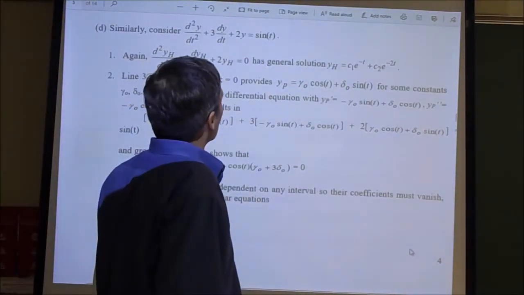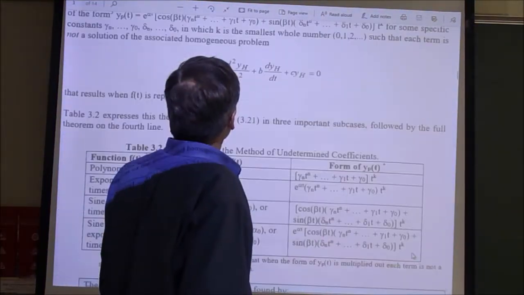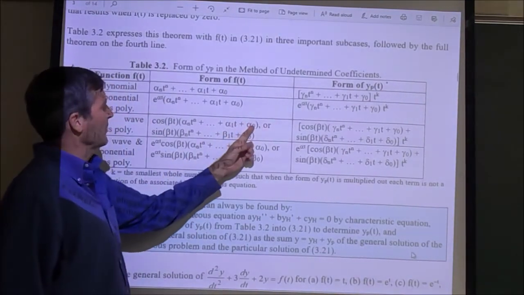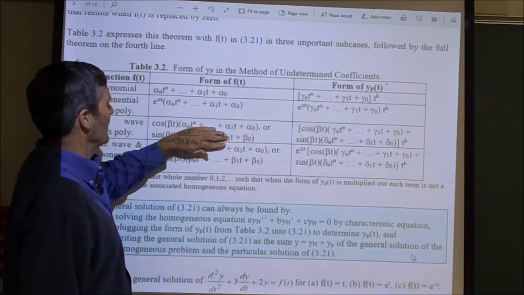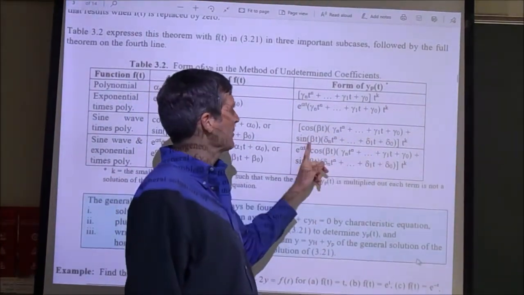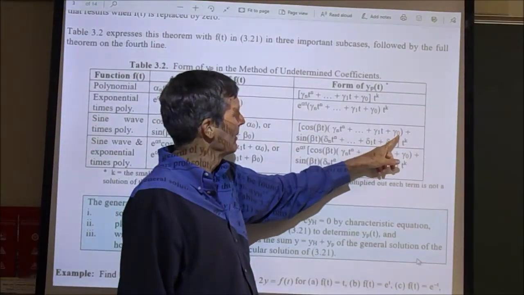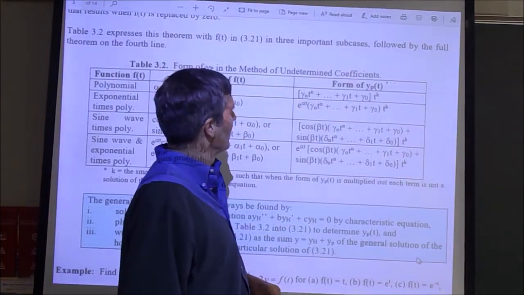If you go up here, if you have a 0th degree polynomial, beta 0 times sine, what do you need on the right? You need a 0th degree polynomial gamma 0 times sine plus a 0th degree polynomial delta 0, and here gamma 0 times cosine beta t.